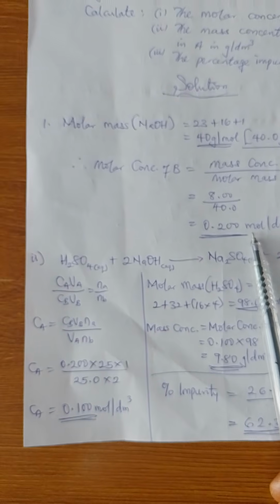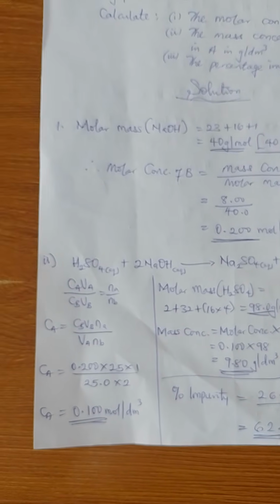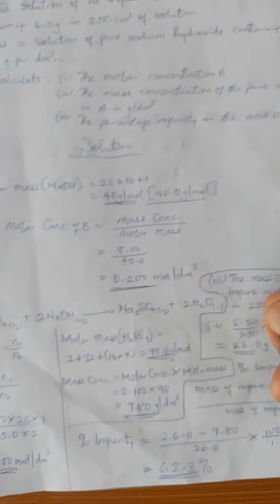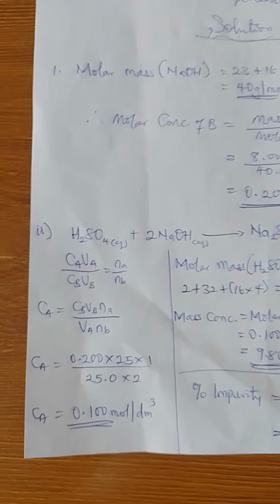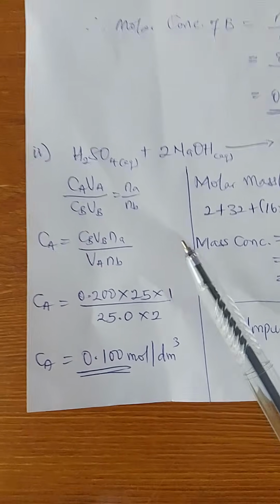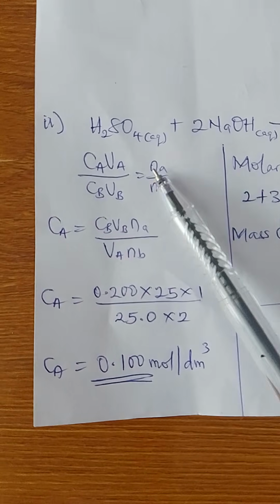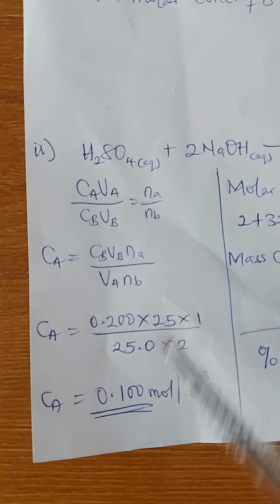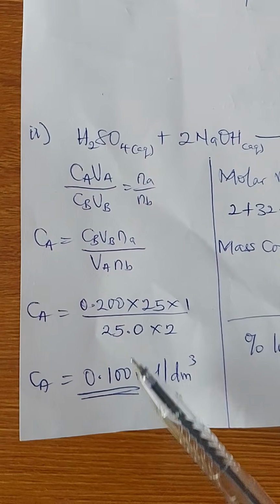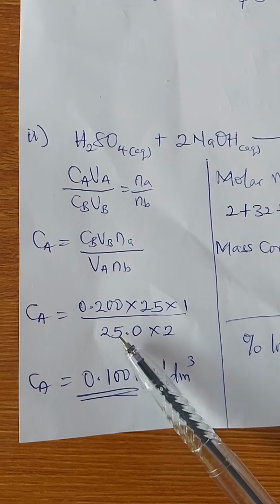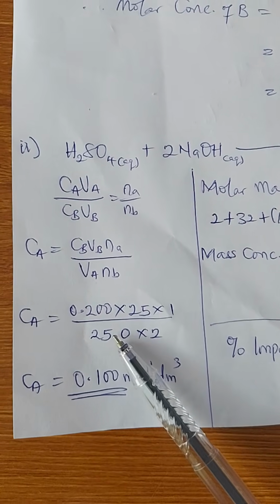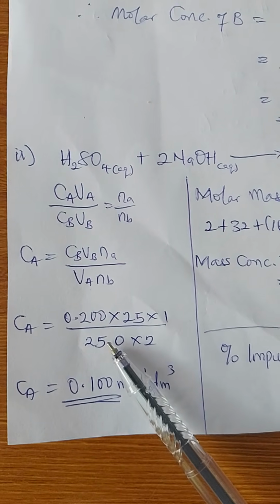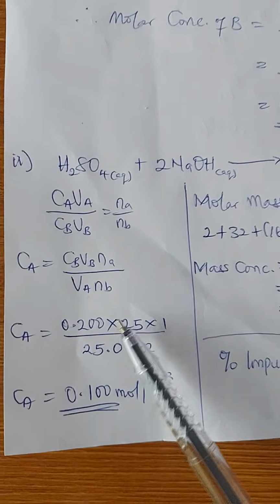All right, mind you, we're asked to find the molar concentration of B, which we have gotten here. And the second question says we should find the mass concentration of the pure acid in A. For you to get the mass concentration, you must first find the molar concentration, and that's what I did here using this formula. You can see it's straightforward. The titer value that I use is 25.0. I didn't say that is the appropriate one, because I cannot tell you my titer value here.